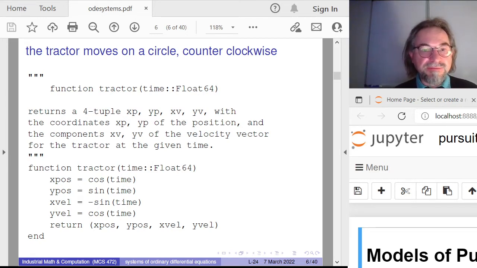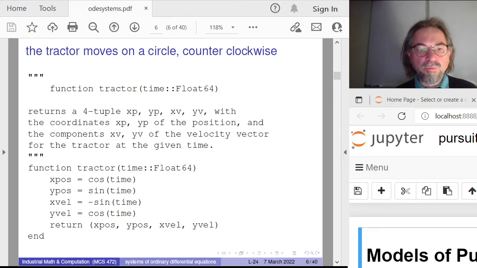Okay, so the advantage of using the circle and the unit circle is that we have nice explicit formulas. So the x-coordinate behaves like the cosine function in time, and the y-coordinate behaves like the sine function in time. Also, the velocity vector is then immediately obtained by the explicit derivative. Cosine has minus sine, sine has cosine as the derivative.